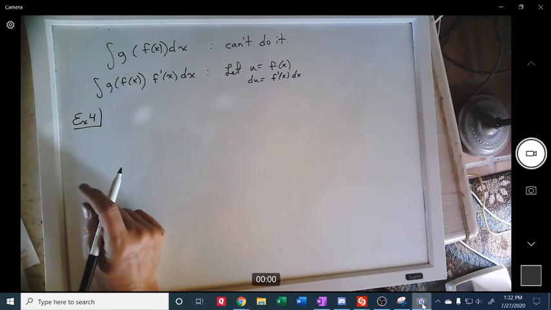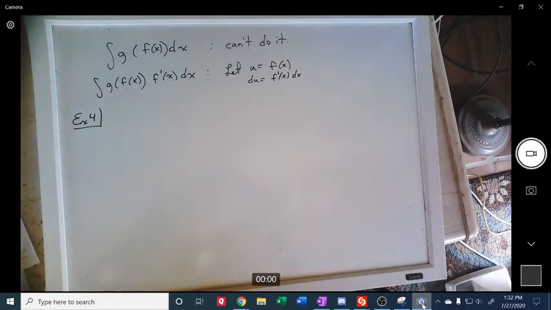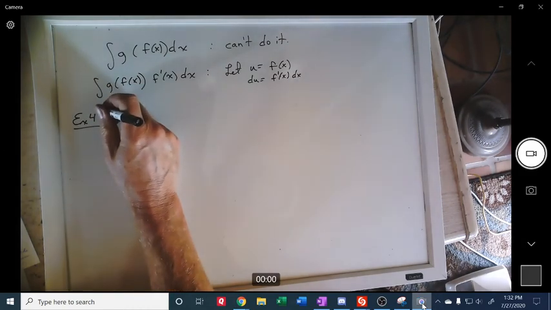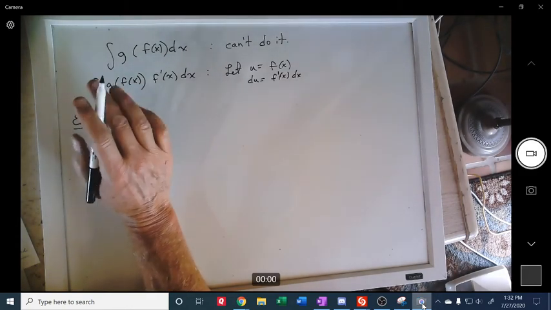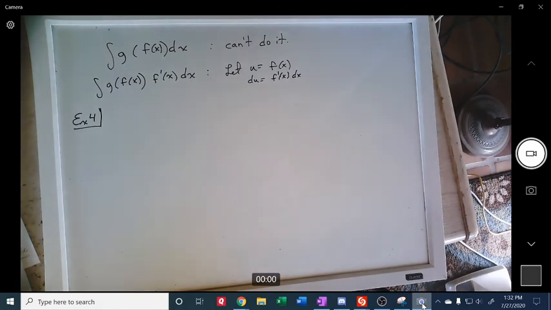By the way, this section is one of the kind of, how do I describe it? For some students, it takes a long time for them to really get the hang of how to do these problems.